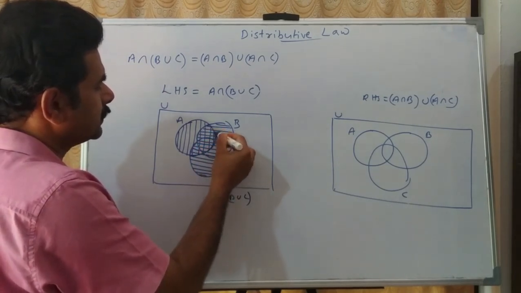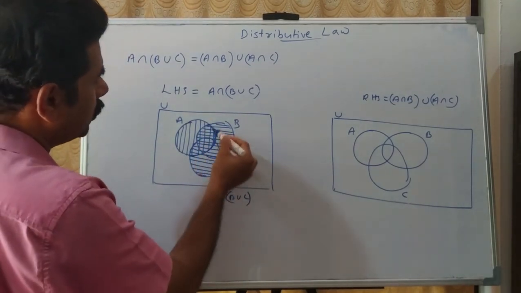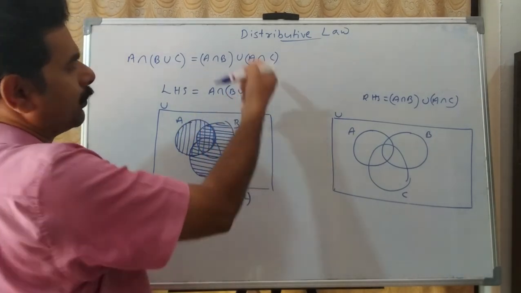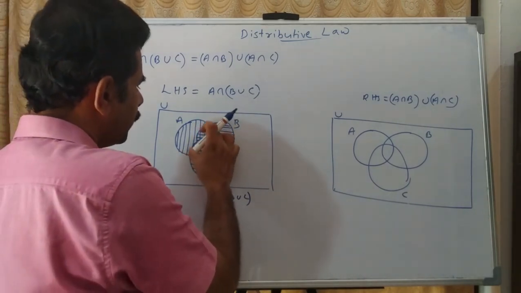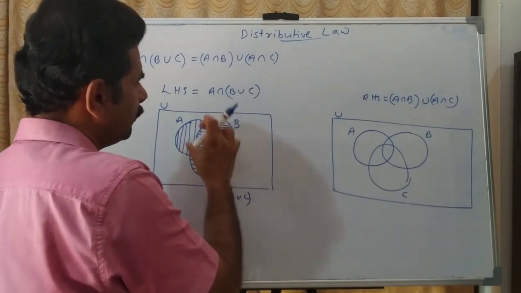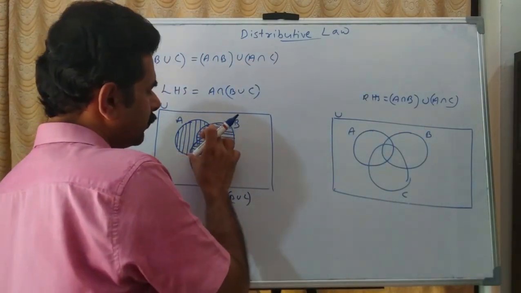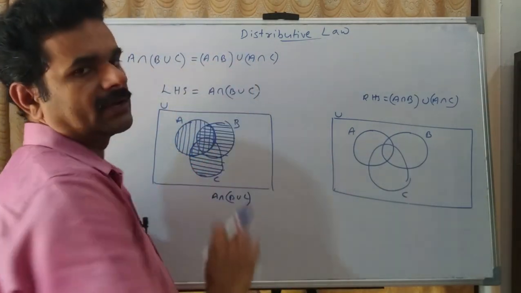Clear? Here you can see both the shadings. That is A intersection B union C. Then the same type of figure will be obtained here.